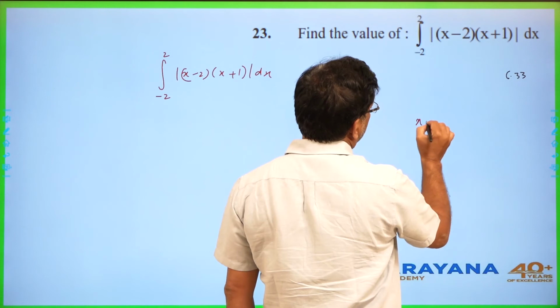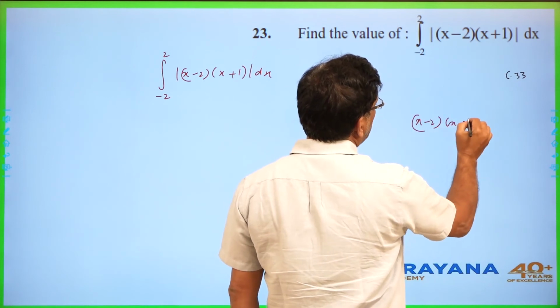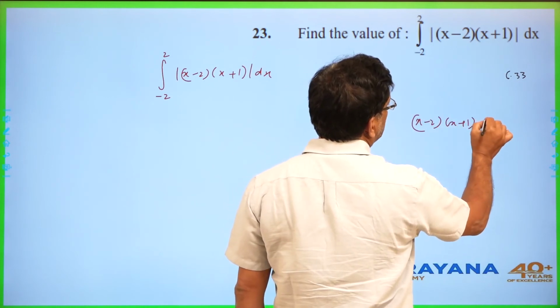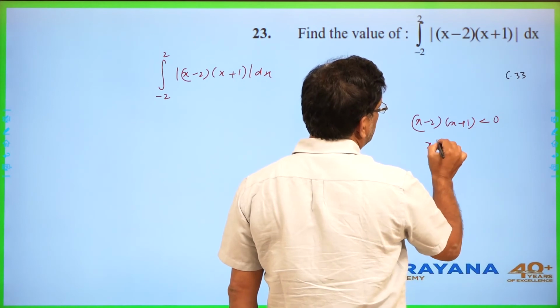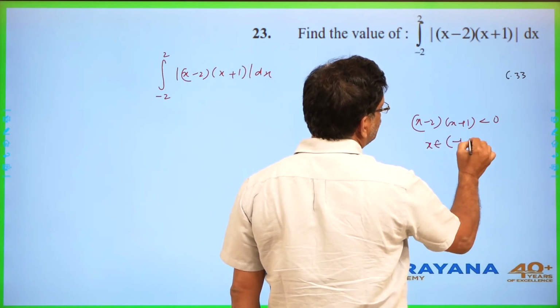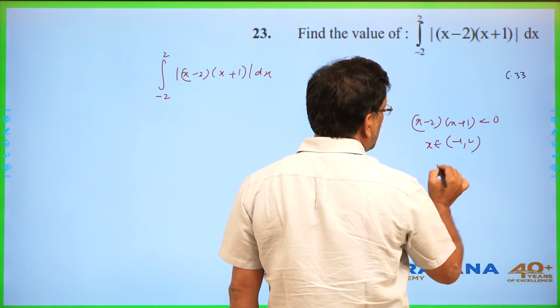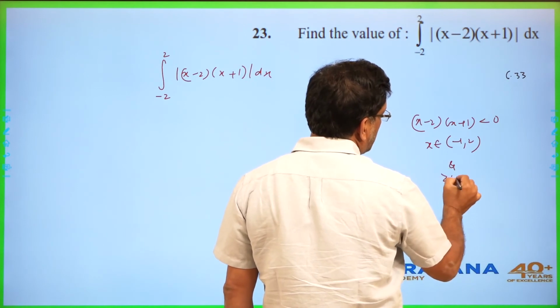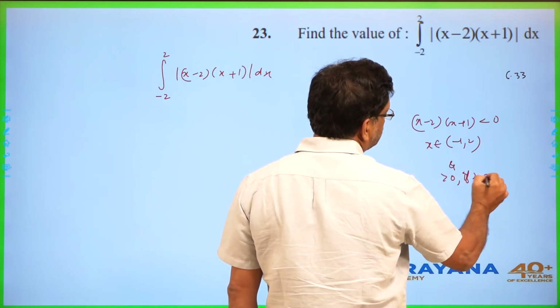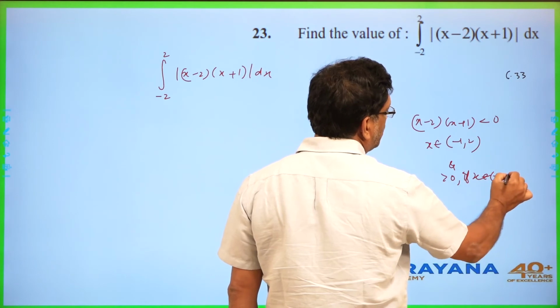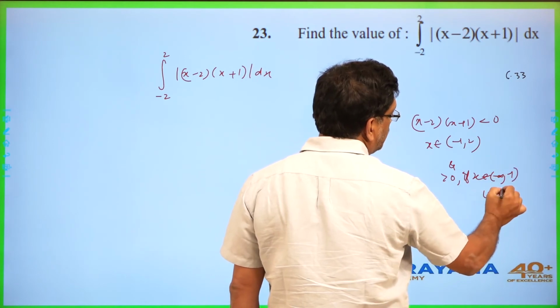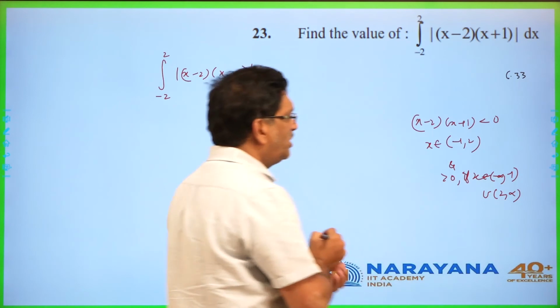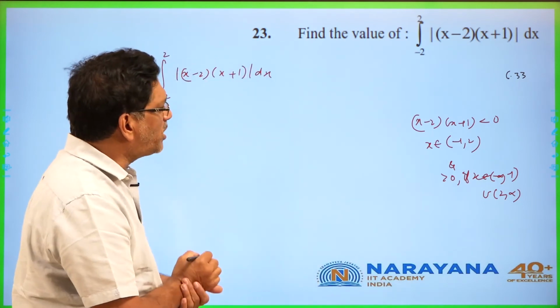First you have to check x minus 2 into x plus 1 less than 0. That means x belongs to minus 1 to 2. And it is greater than 0 if x belongs to minus infinity to minus 1 union 2 to infinity. 2 to infinity we don't require.